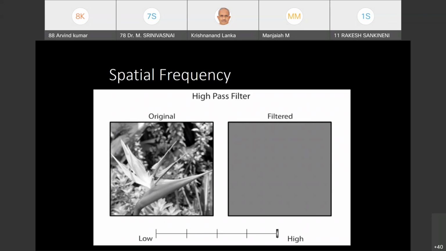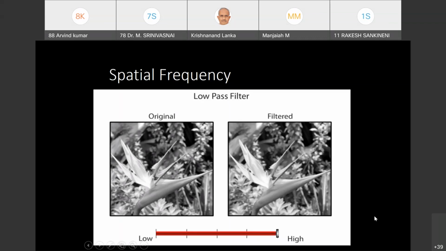They know, for this particular image a low pass filter has to be used, whereas for the other one a high pass filter is needed. If you need smooth edges, maybe a low pass filter is good. If you need rough edges, maybe a high pass filter is needed. That is how people have developed things.